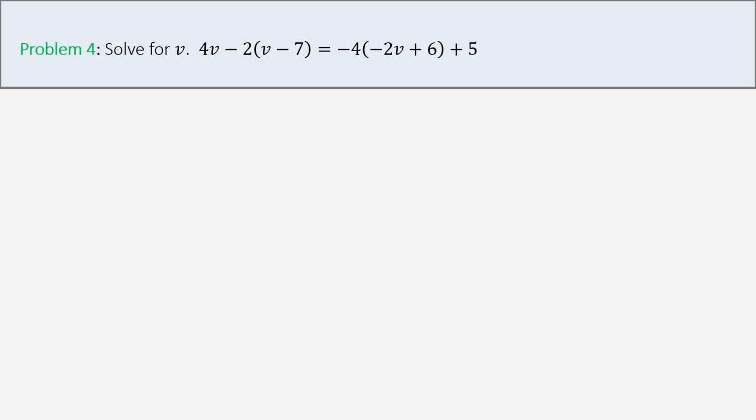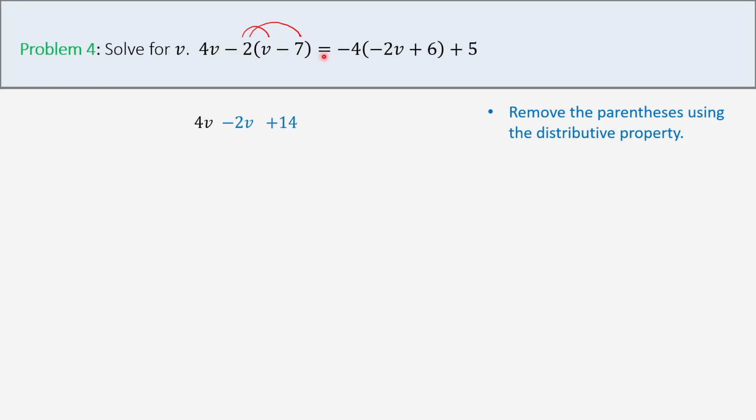Now in this problem, we are going to solve this equation. In this equation, there are parentheses here and here. First, we need to remove all these parentheses by using the distributive property. Multiply 2 and v, you get 2v. Multiply 2 and 7, you get positive 14, is equal to multiply 4 and 2v, you get positive 8v.